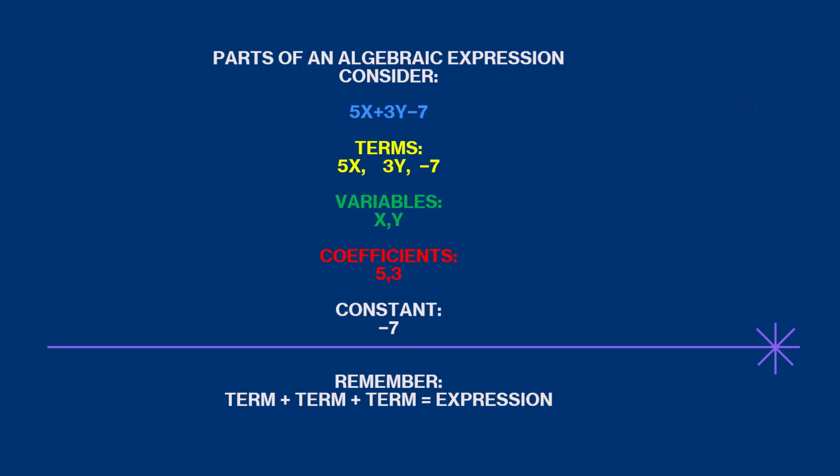And then we also have coefficients, and the constant, which is minus 7. Remember, term plus term gives an expression.